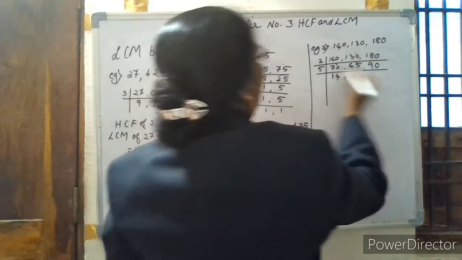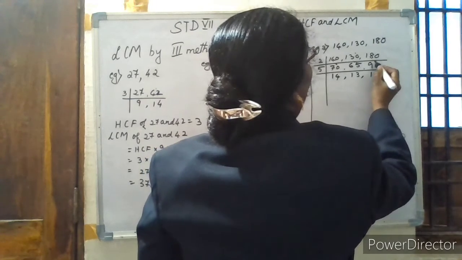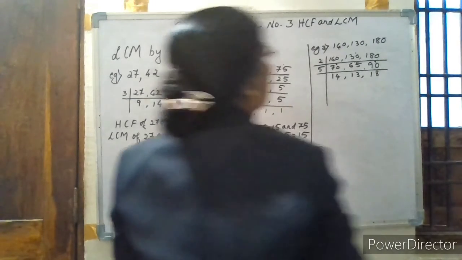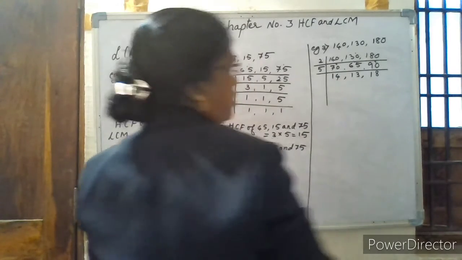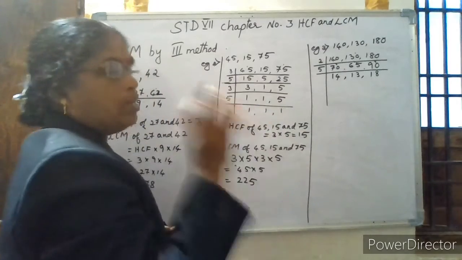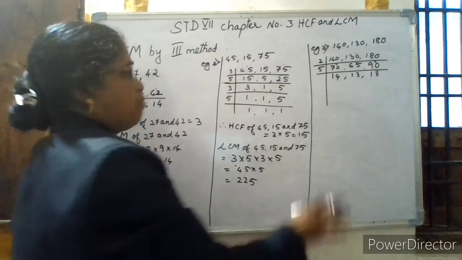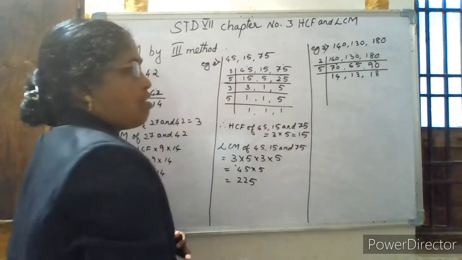Then again 5 1s are 5, 4 is extra here, 5 8s are 40. Now you can see that 14, 13 and 18 are not divisible by any common number. So that means this 2 into 5 will become the HCF here.